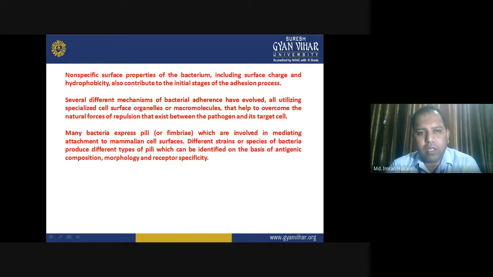Many bacteria express pili or fimbriae, which are involved in mediating attachment to the mammalian cell surface. Different strains or species of bacteria produce different types of pili, which can be identified on the basis of antigenic composition, morphology, and receptor specificity.